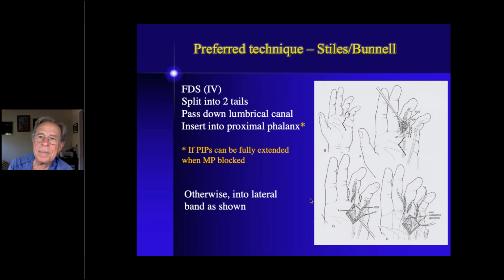In that case, I put them into the bone of the proximal phalanx because it's a sturdier and more secure function. Otherwise, they're transferred into the lateral bands if you need a boost for IP extension.